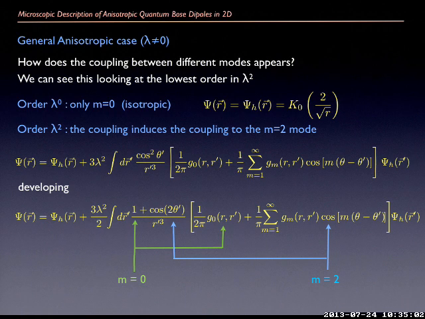But also, to order lambda square, there is this cosine 2 theta, which couples with m equals 2. So you see that to order lambda square, there is some dressing from the anisotropy. So you start from a solution which was only isotropic, and you get dressing of the isotropic part, but also some part which is anisotropic.